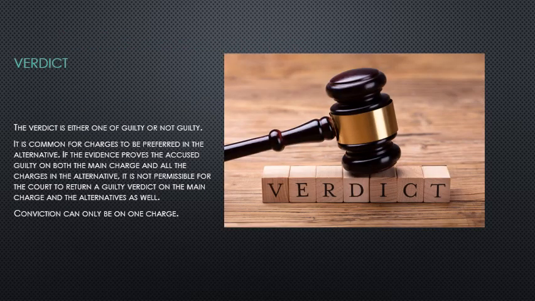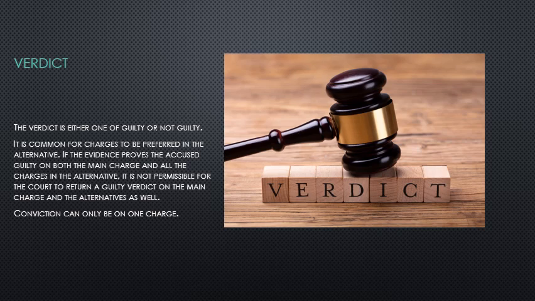In terms of verdict, this is the judgment, right? And if we are to talk about the first slide that we talked about, this is where the referee or the umpire gives his judgment on who wins, right? So the verdict is either one of guilty or not guilty. It is common for charges to be preferred in the alternative.